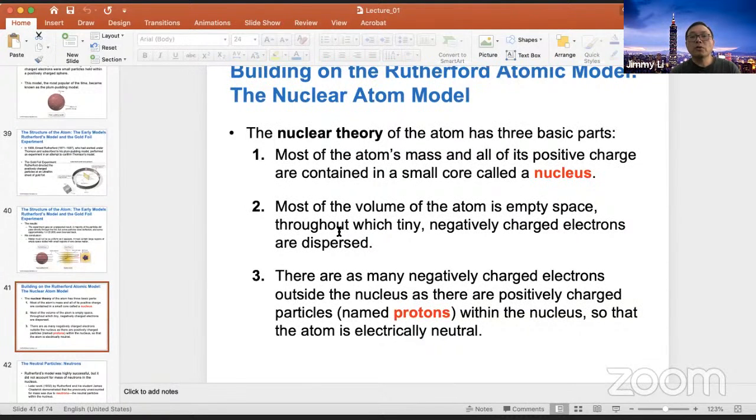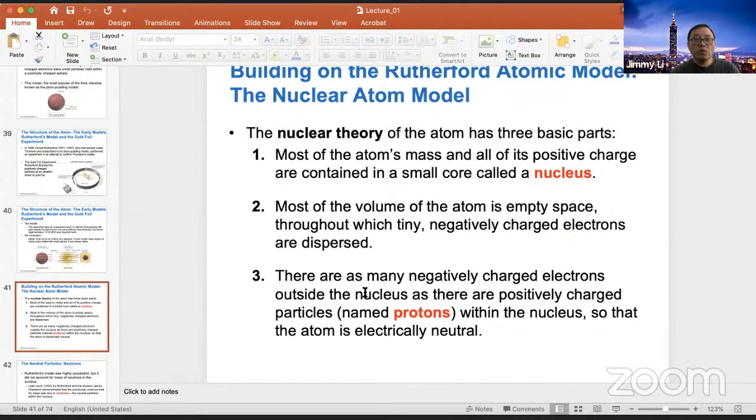Another thing here, he also said most of the volume of an atom is empty space. You already said that. And he said there could be some negative charge, electrons, outside that nucleus, not within that positive nucleus.